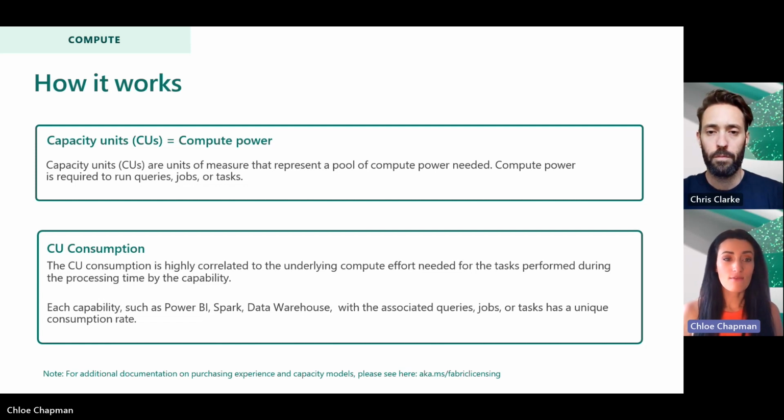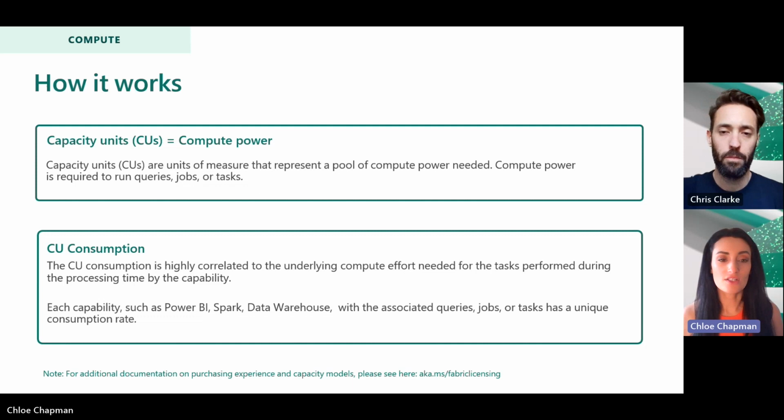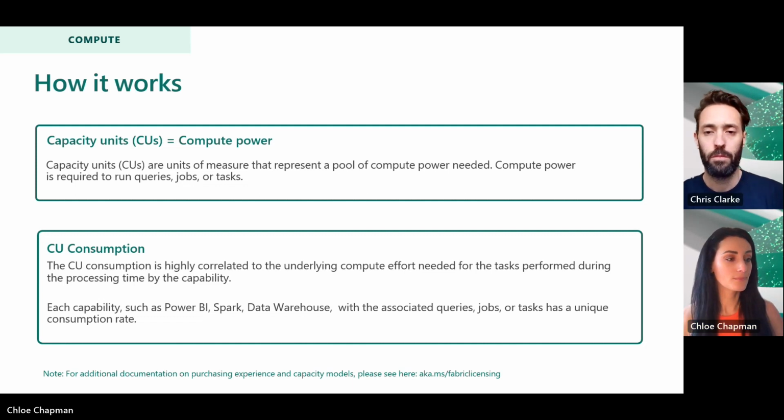Each capability within Fabric has its own unique consumption rate, which is deducted from your overall units purchased. So, for example, running a data warehouse might consume more capacity units than authoring a Power BI report. When capacity consumption exceeds its size, Microsoft then slows down the experience, similar to slowing down CPU performance, until you purchase additional capacity.